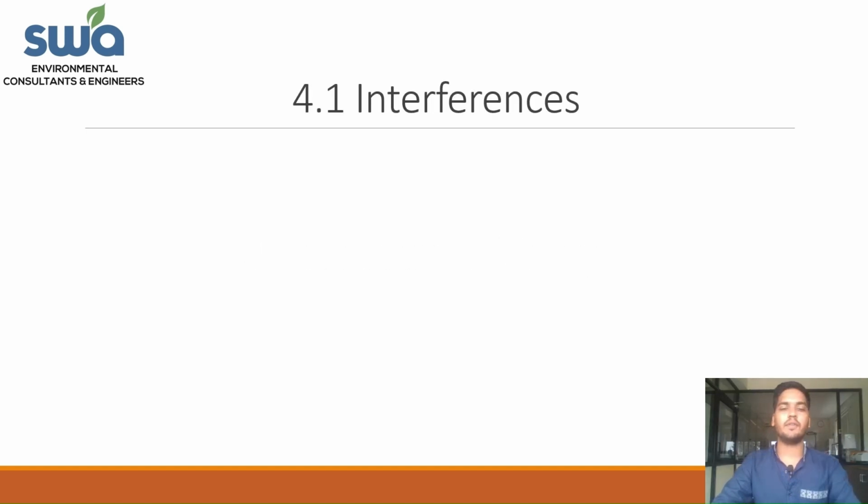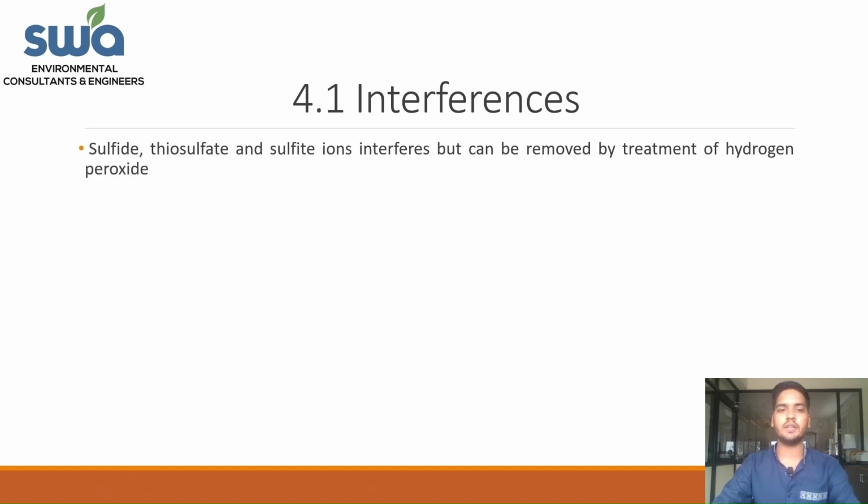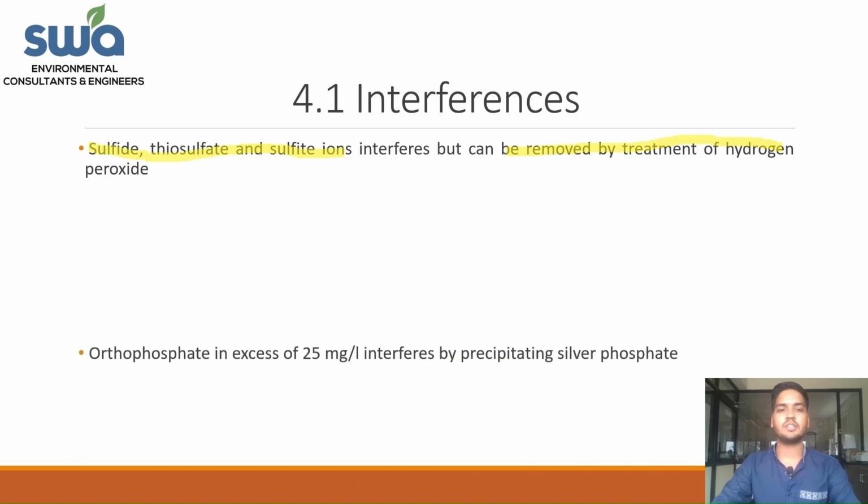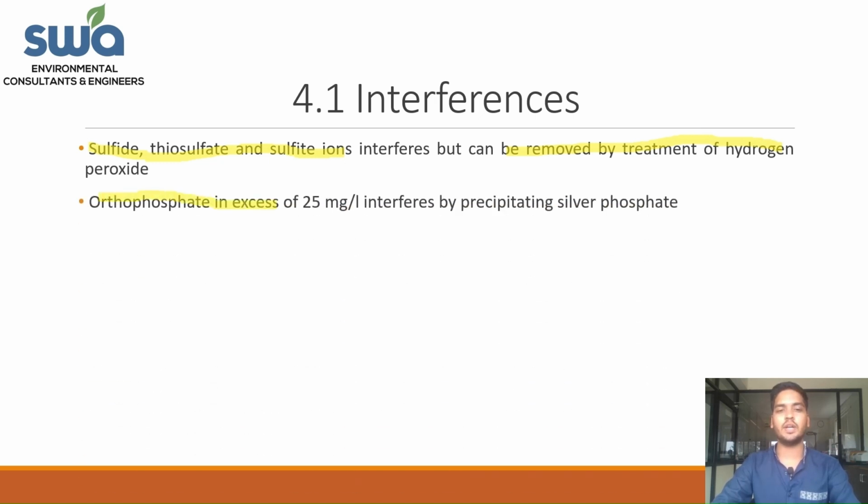So there are different types of interferences that may interfere in this analysis process. One of them is sulfide, thiosulfate and sulfite ions, which can interfere, but can be removed by the treatment of hydrogen peroxide. Next is orthophosphate in excess of 25 milligram per liter.